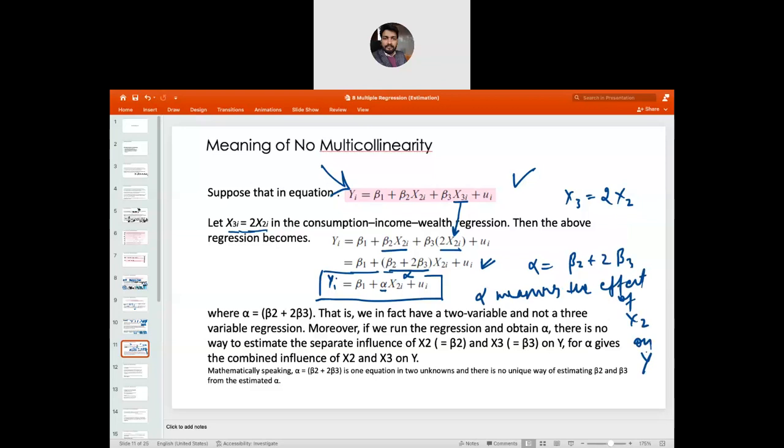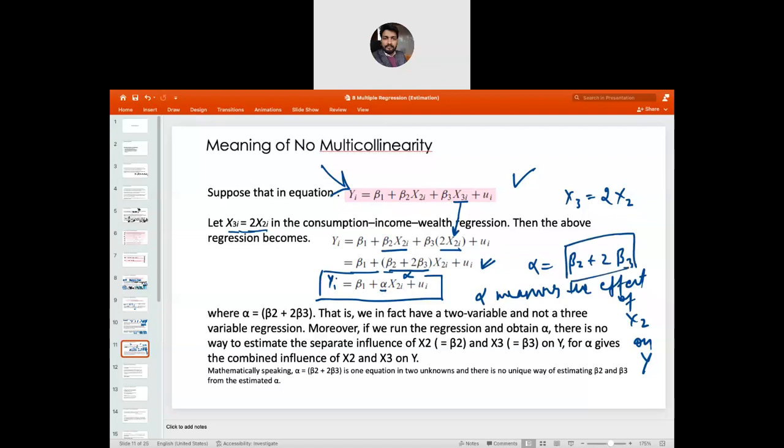So in effect, we don't have a 3 variable regression here. We have a 2 variable regression. We don't have a multiple regression, we have a simple regression here, right? So this regression is useless because it will not give you anything. This regression is more meaningful, right? And whatever alpha you will get will be equal to a combination of beta 2 and beta 3.